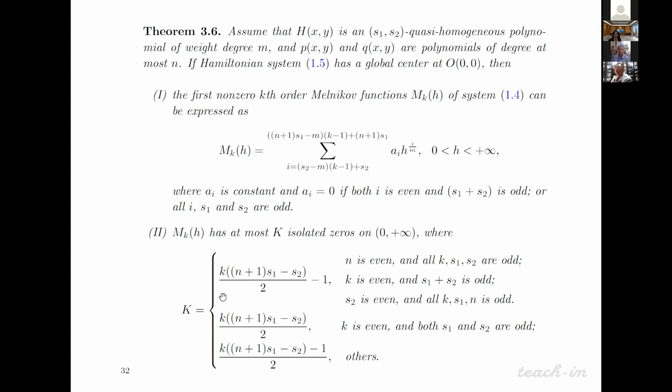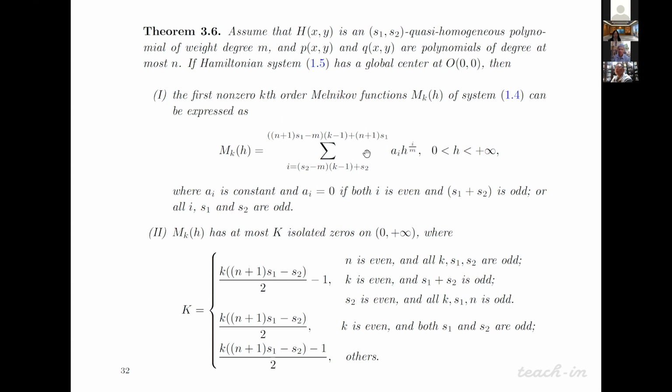If i is even and s1 plus s2 is odd, the a_i is 0. So from this expression, we can get the isolated zeros. The M_k has at most capital K isolated zeros on this interval. This capital K equals this one.